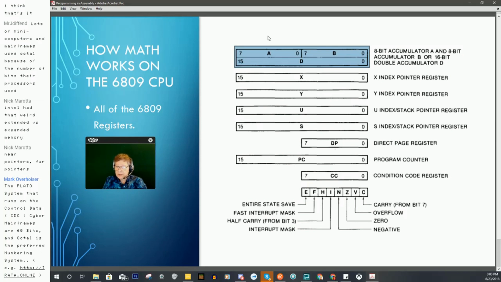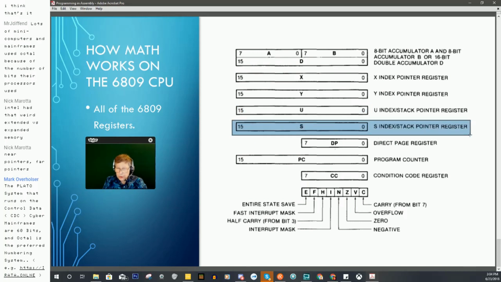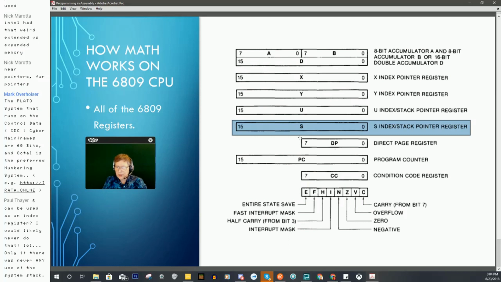Now below that, you can see the different index registers, X and Y index, along with the user stack, and then you have the system stack for storing information. We'll go through specifically what these all represent later, because I could really confuse you by what's going on with things like the next one down, which is the direct page register.